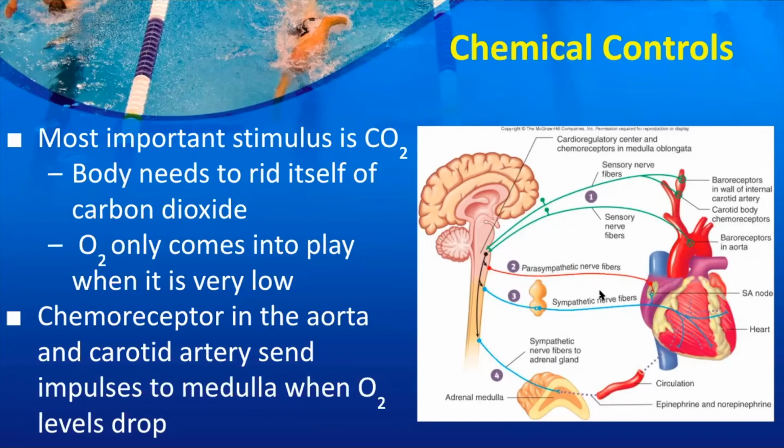The respiratory control, remember, is in our medulla. We learned that in the brain chapter. So when oxygen levels are really low, the receptor in the carotid artery will send signals to the medulla, and then your medulla will send signals to the lungs, and you'll have a reflex reaction that causes you to breathe.